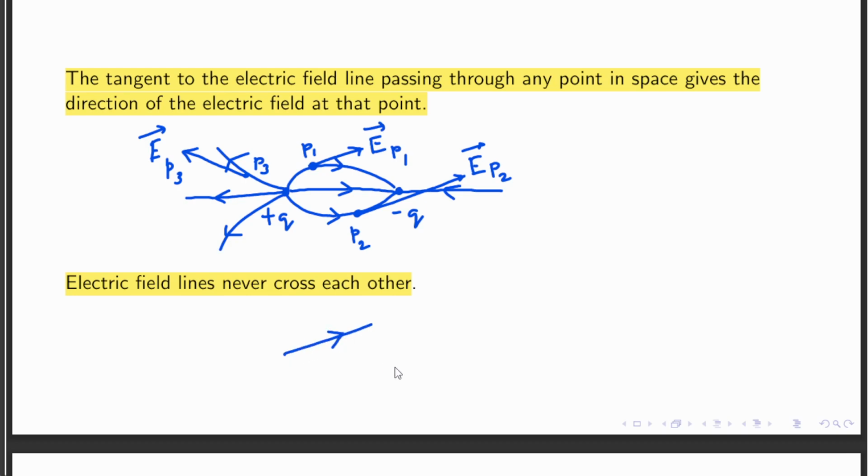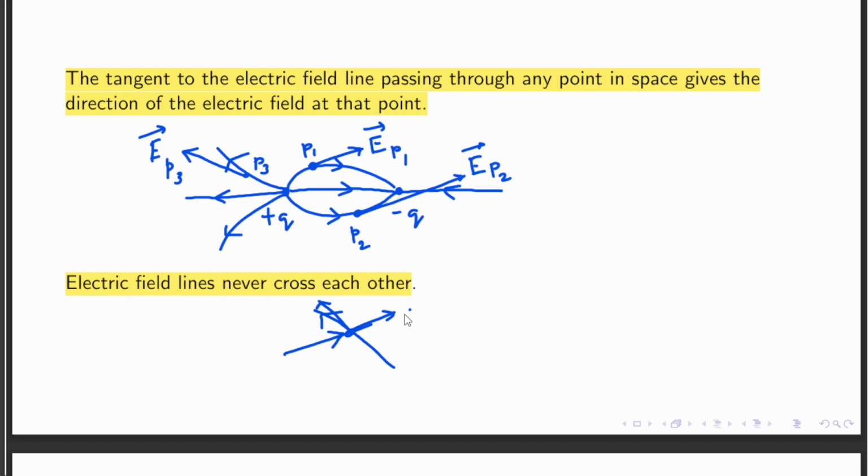You will never find another electric field line crossing it. The reason is rather simple, because if I were to draw a tangent at the intersection point, then it would give two different directions at that point, which is not possible.